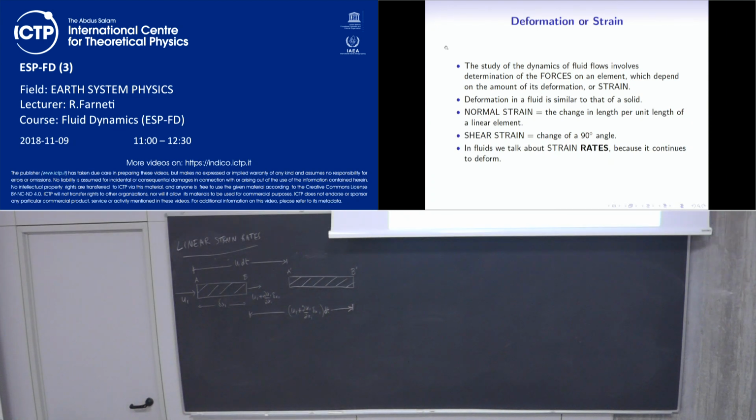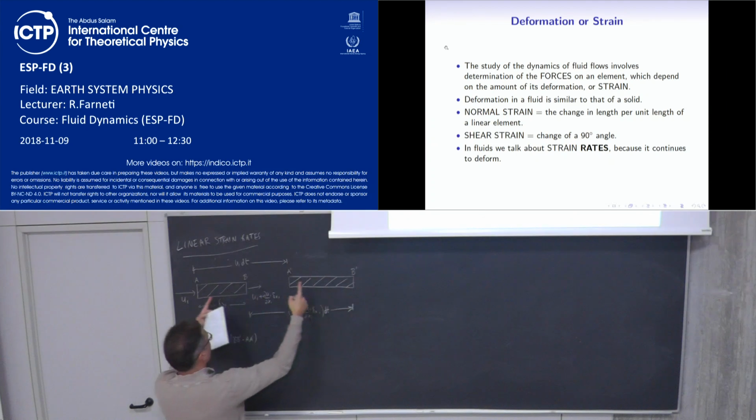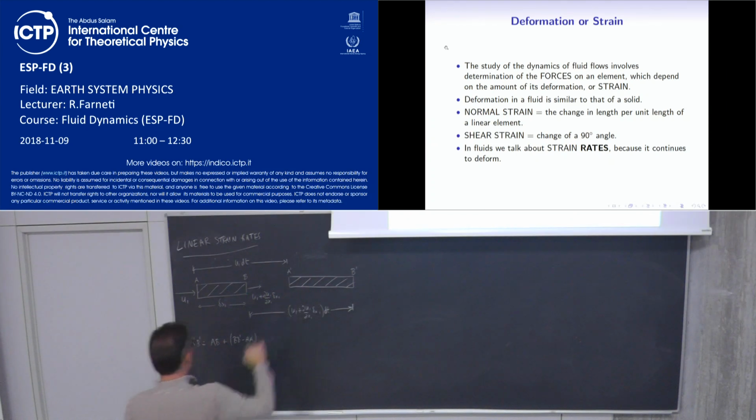Okay, it has been deformed after some time dt. Okay. So now we can see that A prime B prime is equal to AB plus BB prime minus AA prime. So this is A prime B prime.